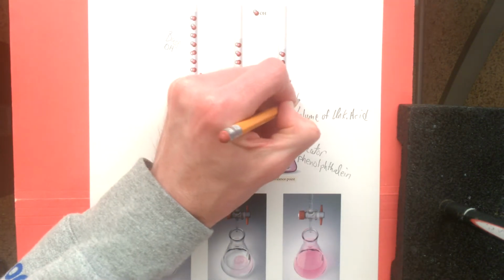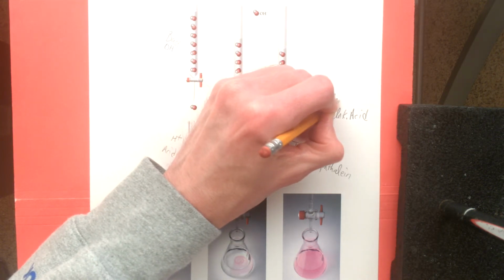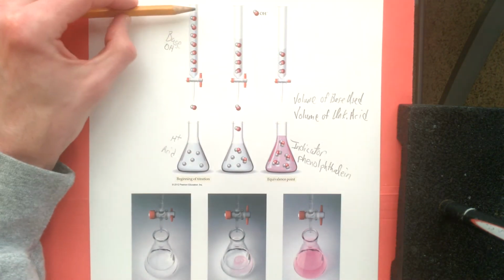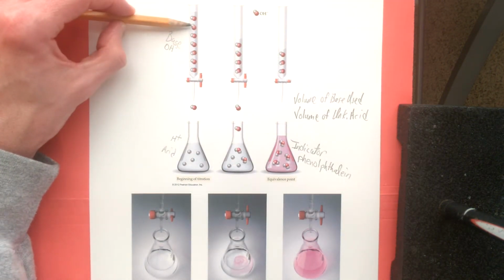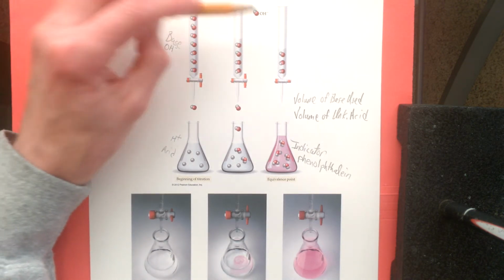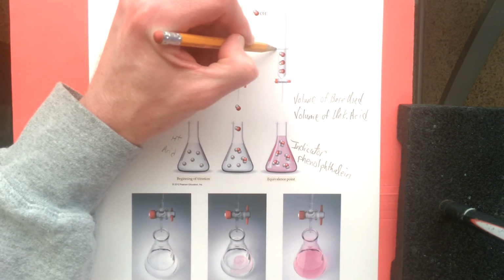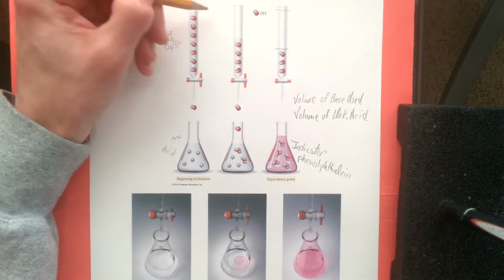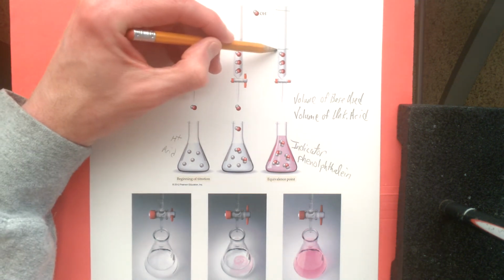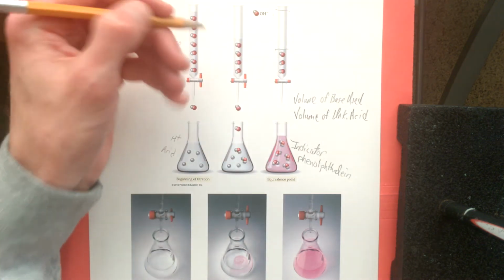We will also know the volume of base used, because we start with a certain amount of base in our graduated burette and drip it in. When we finish, we can easily read the difference in the burette volume before and at the end of the titration, so we will see the volume of the base used.